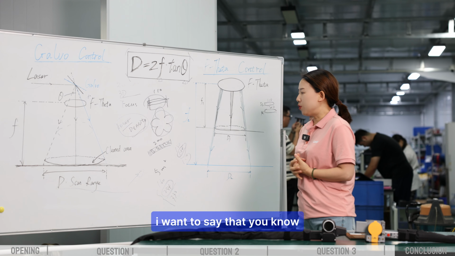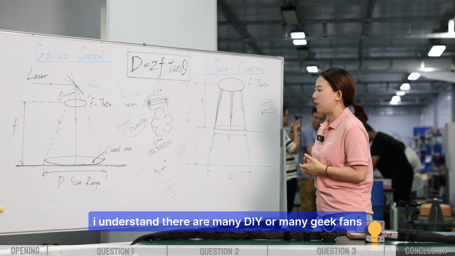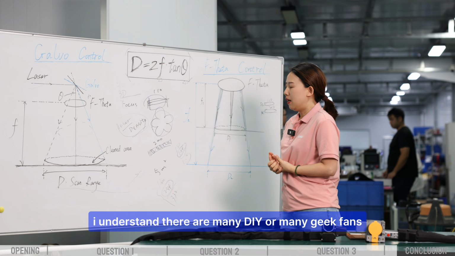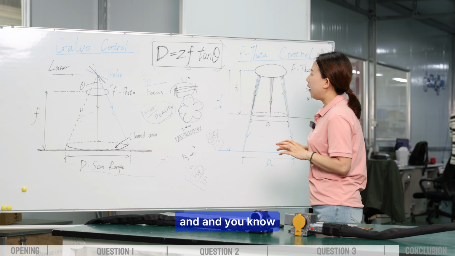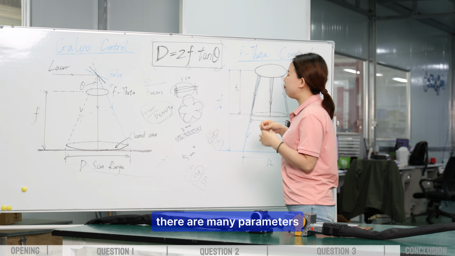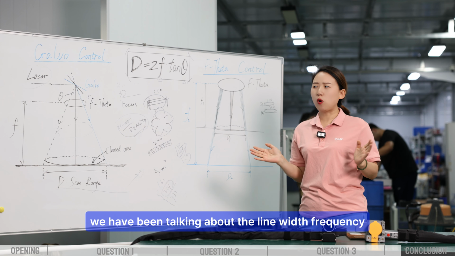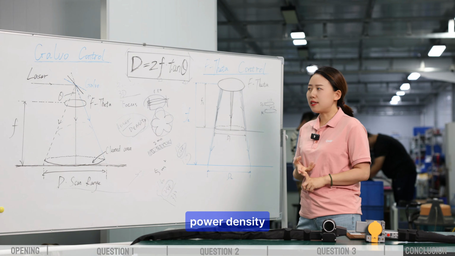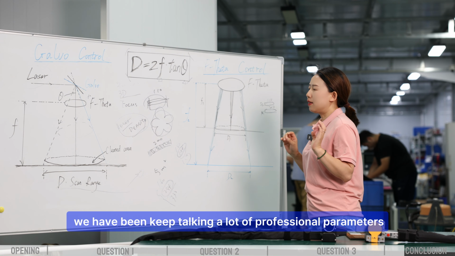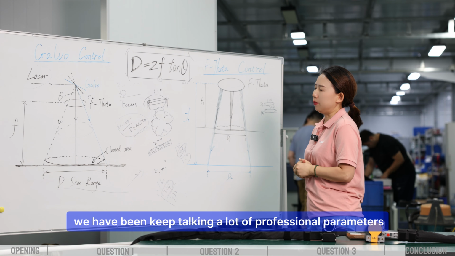But in the end, I want to say that I understand there are many DIY or geek fans, and there are many parameters we have been talking about: the line width, frequency, power density. We have kept talking about a lot of professional parameters.